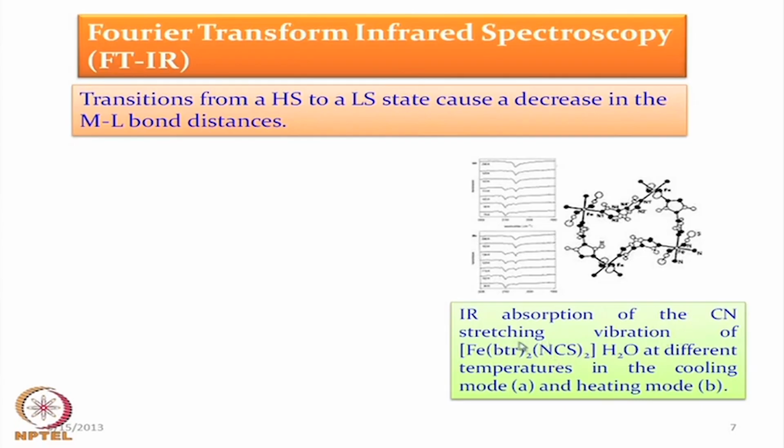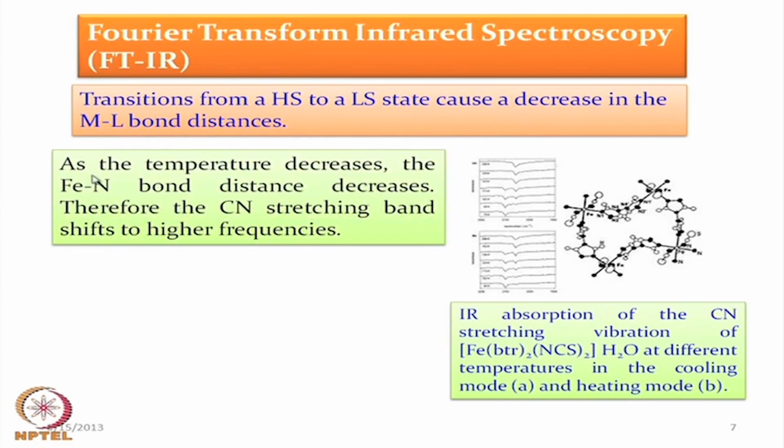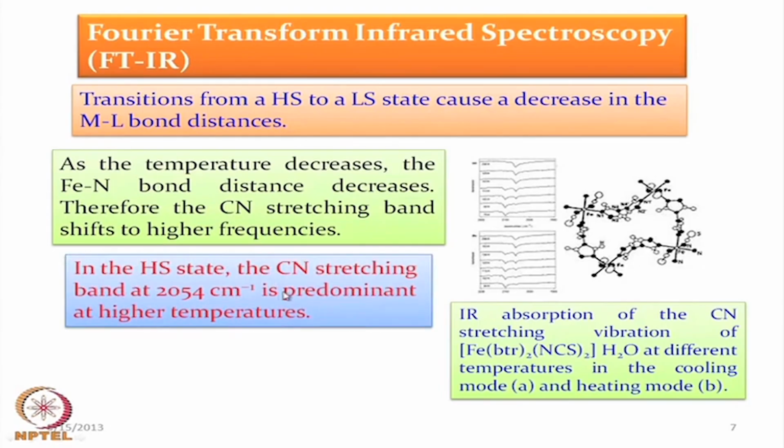So this CN stretching vibration of FeBTRs is another ligand set, but of similar type to what we have seen for orthophenanthroline, and water is the water of crystallization, at different temperatures in the cooling mode and the heating mode. So as we go for cooling and come back again through the heating mode, it gives rise to the corresponding change in the FeN and CN stretching bands, shifting from one spin state to the other spin state.